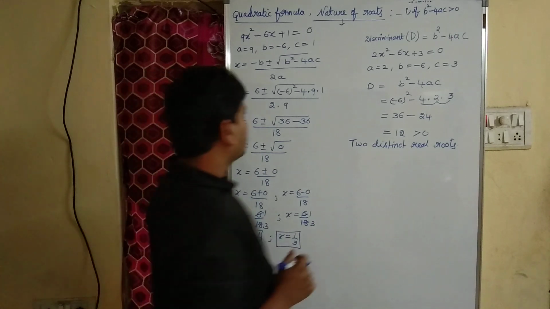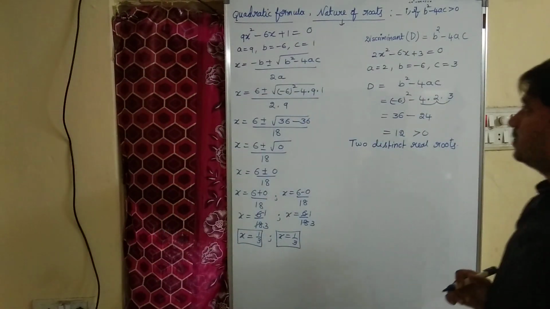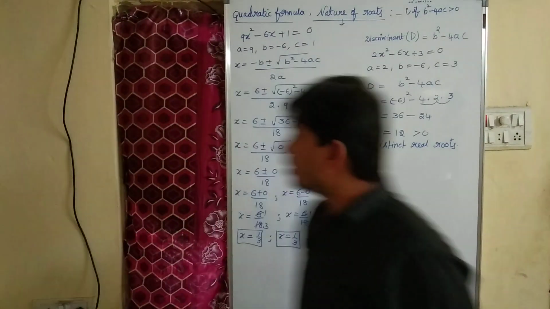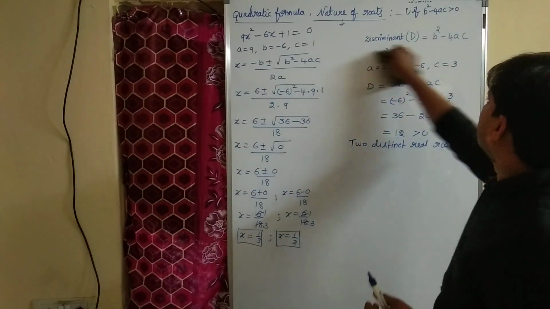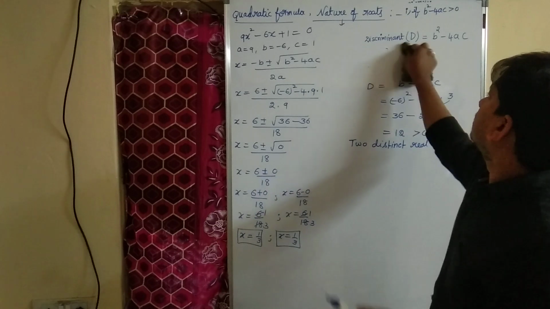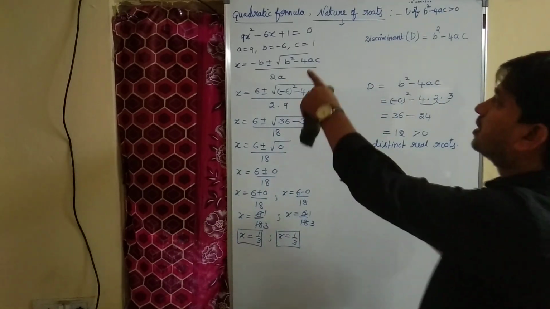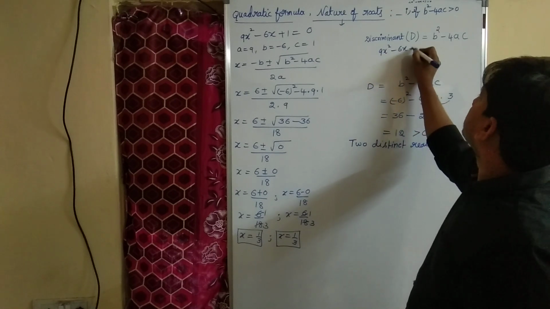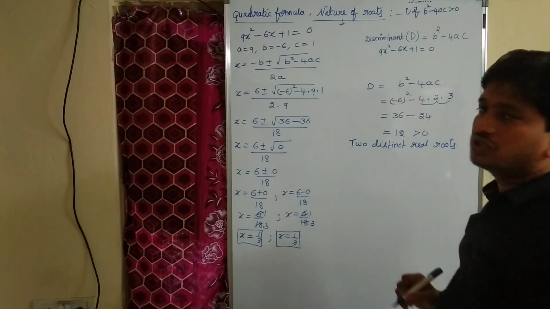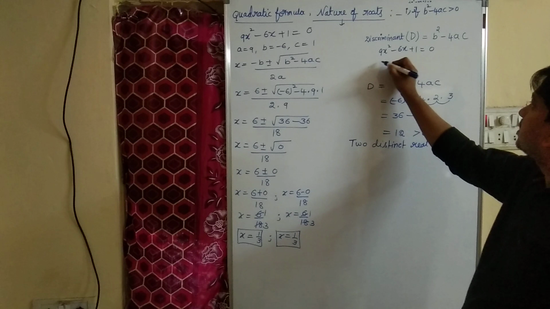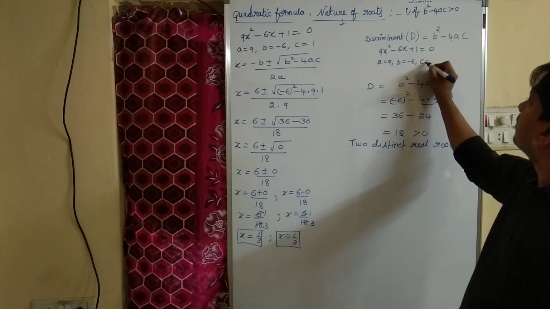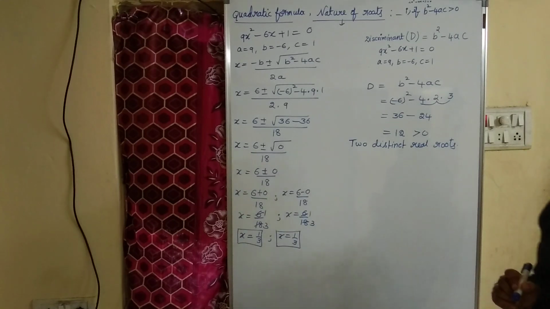Why are they equal? If you observe here, let us find the discriminant of the quadratic equation. What is the given quadratic equation, children? 9x square minus 6x plus 1 equal to 0. The value of a is 9, the value of b is minus 6 and the value of c is 1.